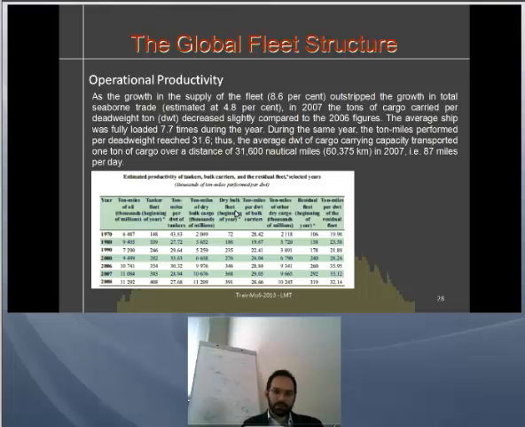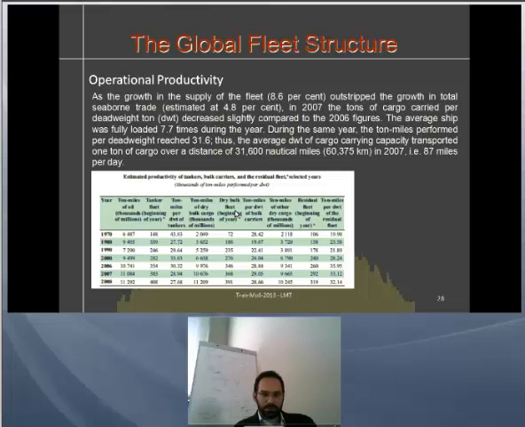We can see from statistics that in 2008, for example, the average ship was fully loaded about 7.7 times during the year, and about 31.6 ton miles per deadweight were performed during this year.